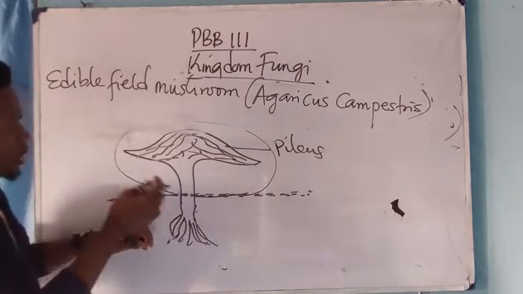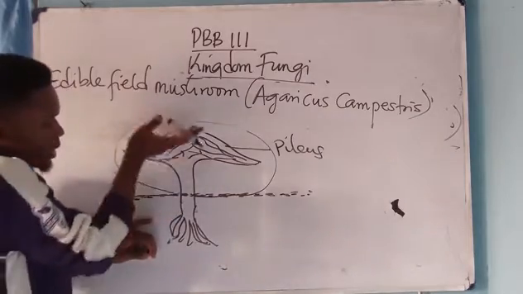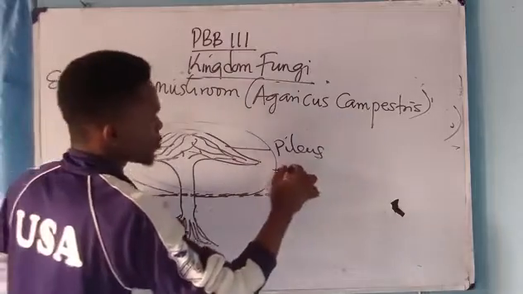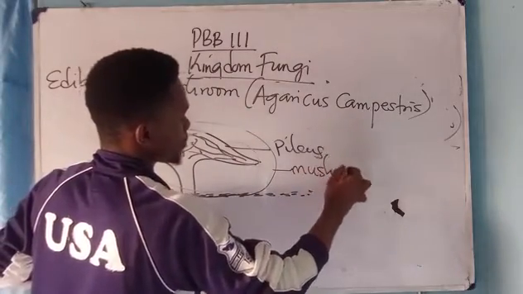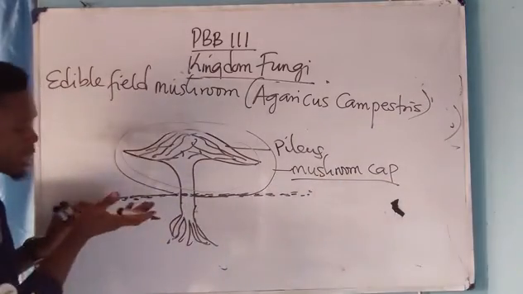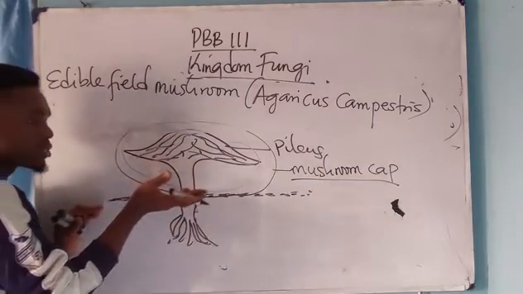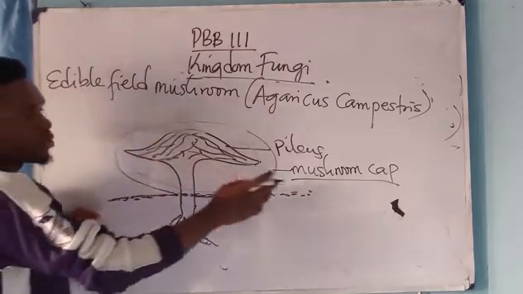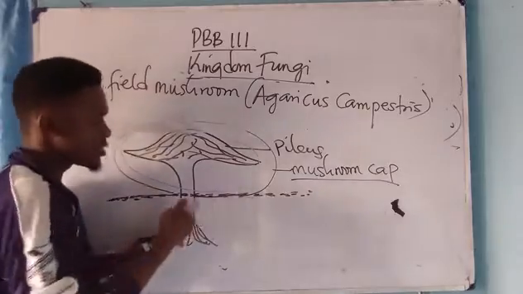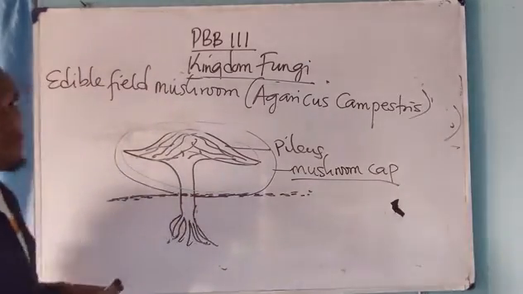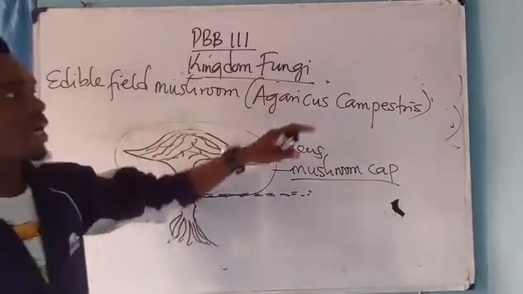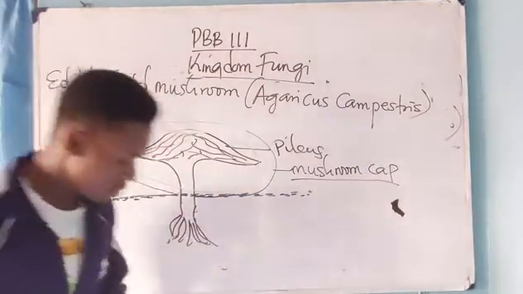The part that grows above the soil surface from the mycelium is called the mushroom cap, while the one that remains beneath the soil surface is called the mycelium. And such is found in the edible field mushroom called Agaricus campestris. Please take note of that.